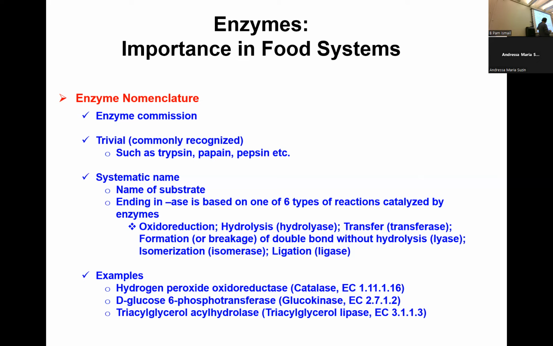And here, D-glucose phosphotransferase transfers the phosphate from one group to the other, or glucokinase. So what you want to remember are the 6 different types of reactions that enzymes catalyze and how the naming is done. Okay, so I'm going to stop here and allow the group to present to you.